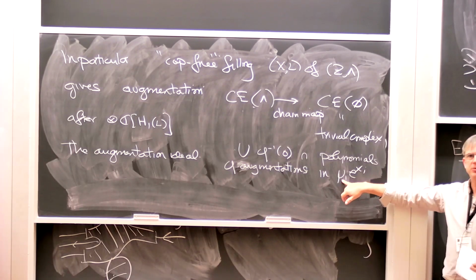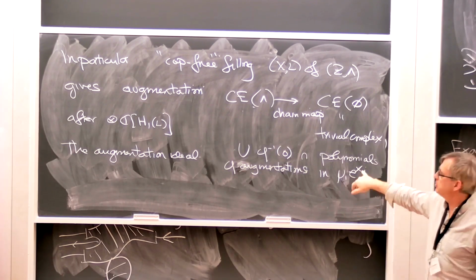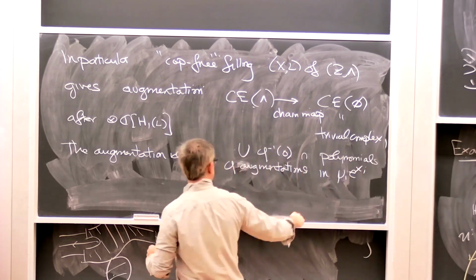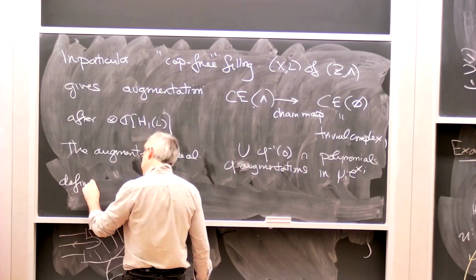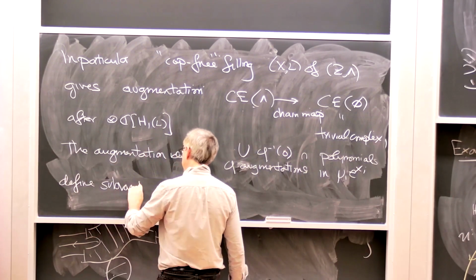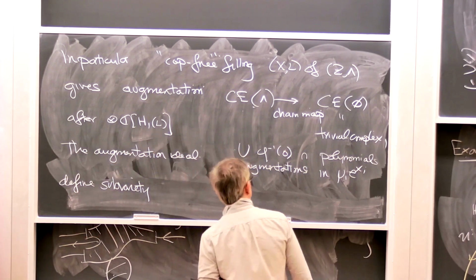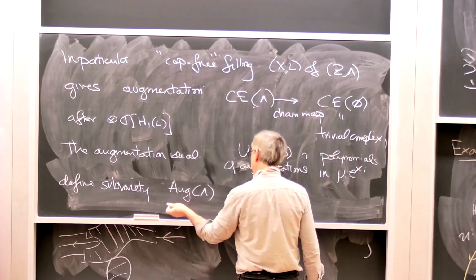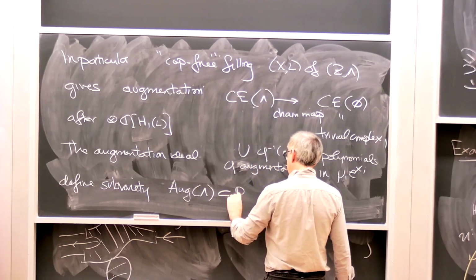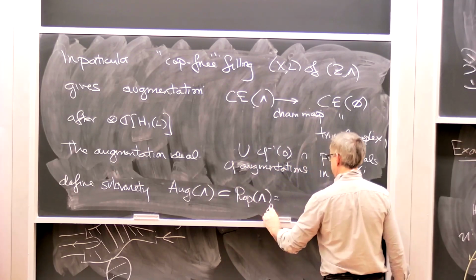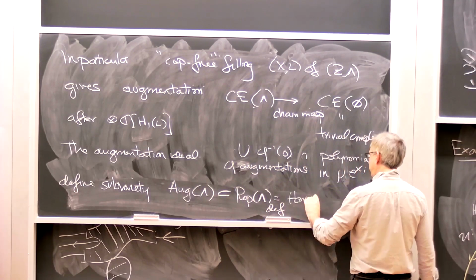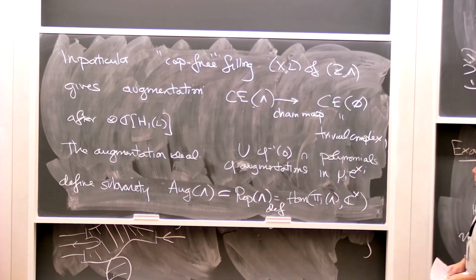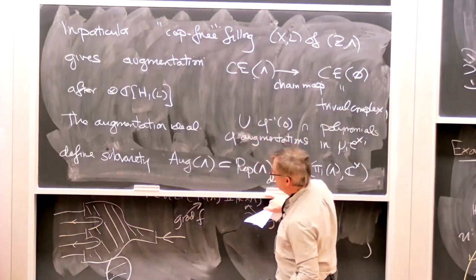So these were generators of H1, and these were things in degree 1 on lambda. Anyway, you think of these as coordinates on the abelian representation ring of lambda. So they define an augmentation variety inside the space of homomorphisms from pi 1 of lambda to C star. Okay, so this is called the augmentation variety.